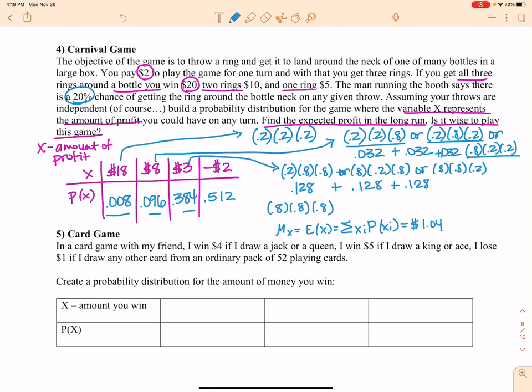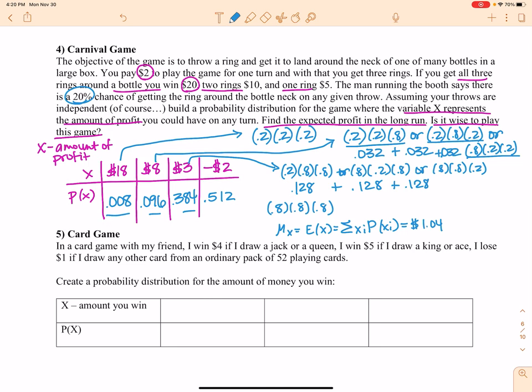That means that if I keep playing this game many times, I will average a profit of $1.04. So if you're willing to play it long enough, and if you're willing to lose a lot, then you will eventually come out on top with $1.04 extra in your pocket.